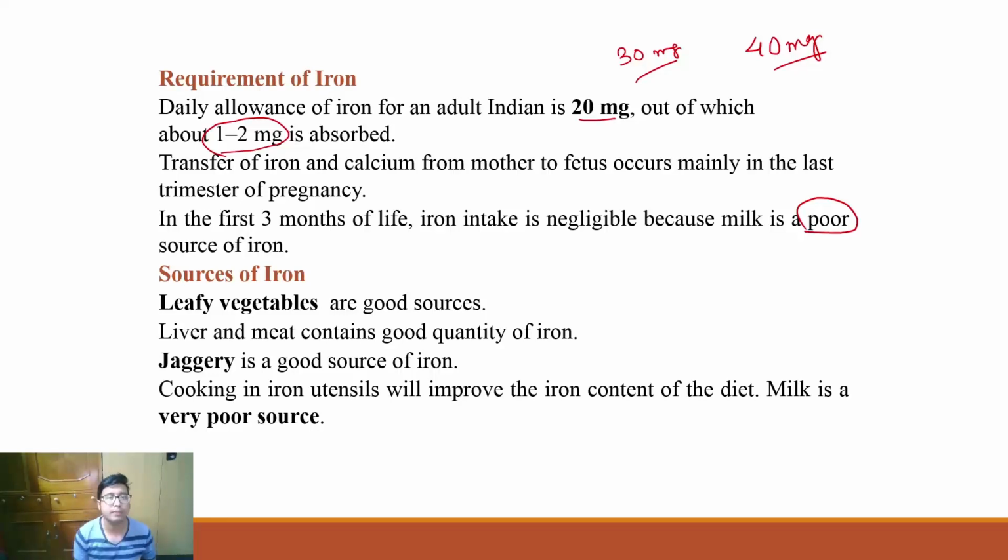But you should know that milk is a very, very poor source of iron. Now in the Indian diet, the majority of iron is taken from cereals, because our diet is designed in the form of cereals and pulses. The bulk of Indian iron intake is in the form of cereals.